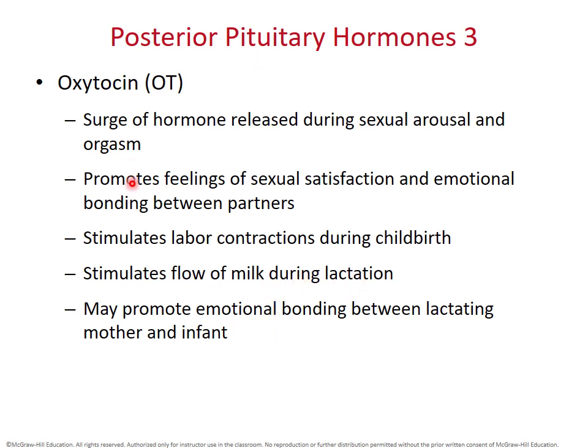And again, because of its role in potentially emotional bonding, we believe that lactation and breastfeeding helps strengthen the emotional bonding between mother and infant in a similar fashion because of this surge of oxytocin associated with breastfeeding.